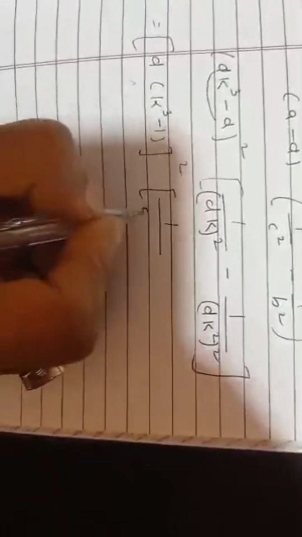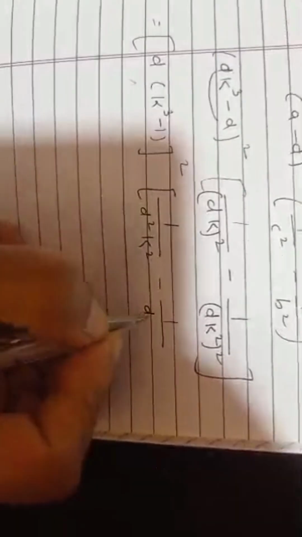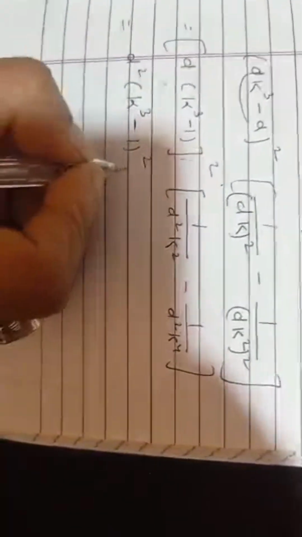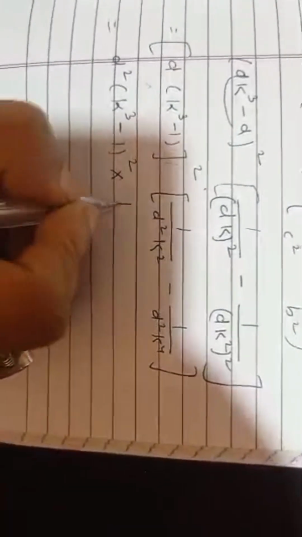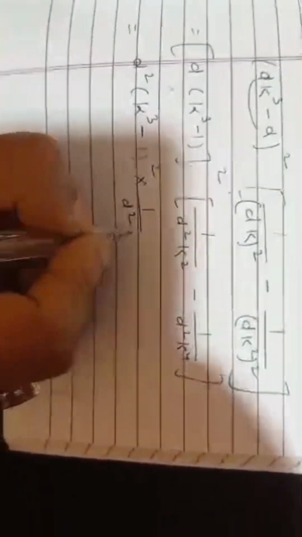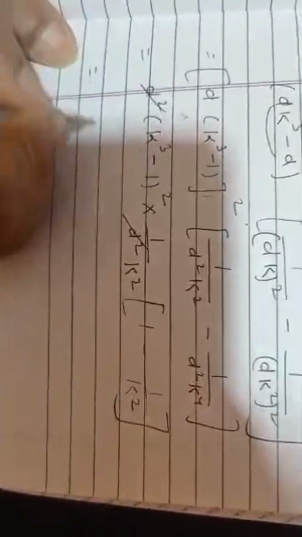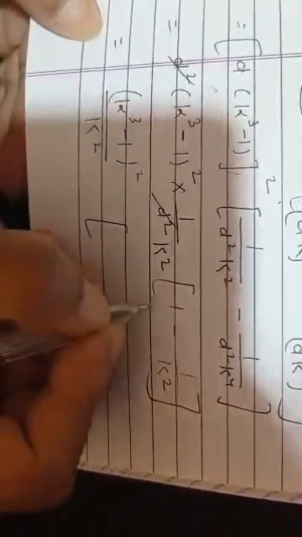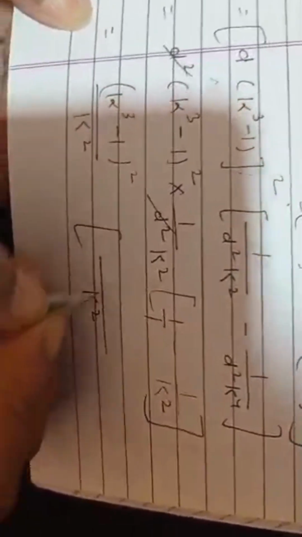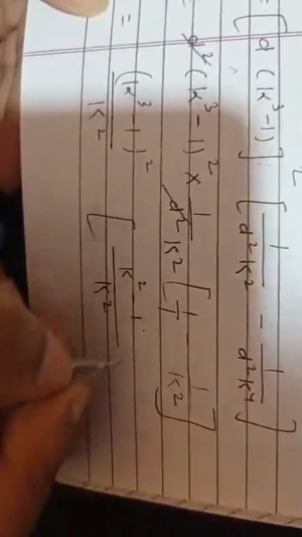And now here 1 upon d square k square minus 1 upon d square k to the power 4, right? I am removing this bracket, d square into (k cube minus 1) whole square, and take out 1 upon d square and this k square as a common factor. You will get 1 minus 1 upon k square, right? This d square cancels, this (k cube minus 1) whole square upon k square into upon 1, LCM is k square, this k square minus 1.